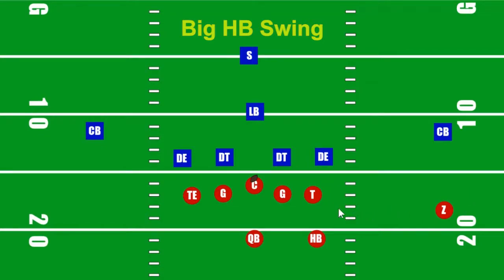The reason why is because our guard and tackle are going to be running a very similar scheme to a jailbreak screen, which means they are going to give a little pop to the defensive end, and the guard on the defensive tackle, just to slow down the pass rush.